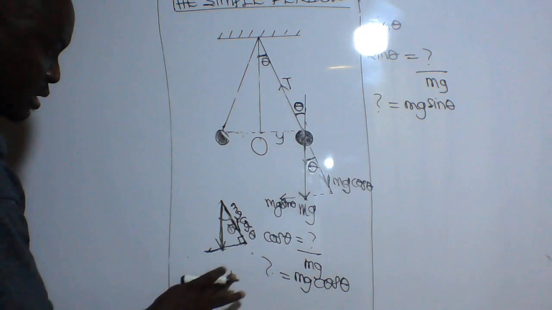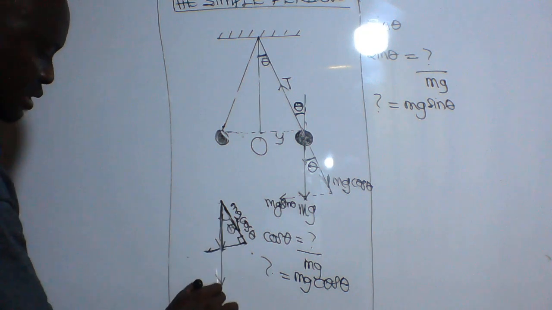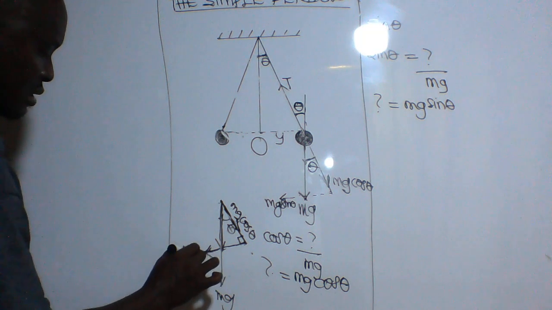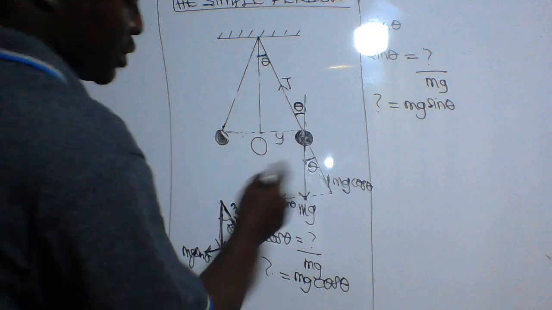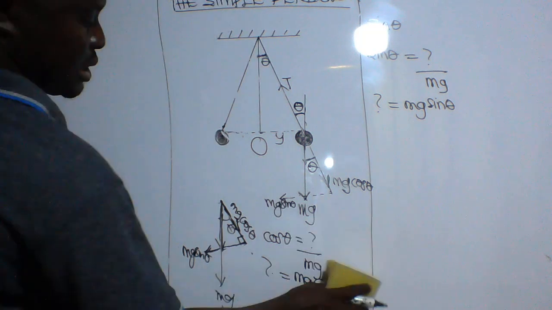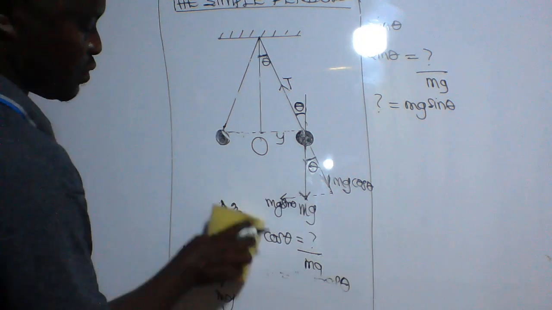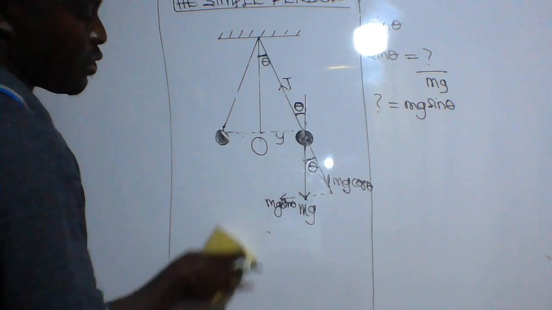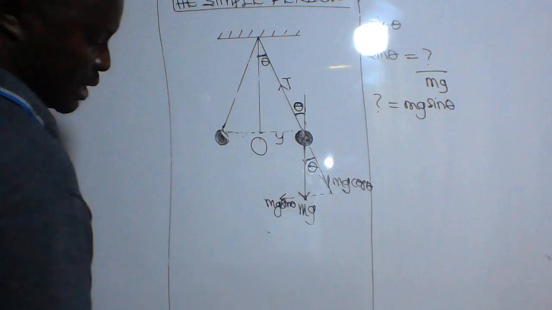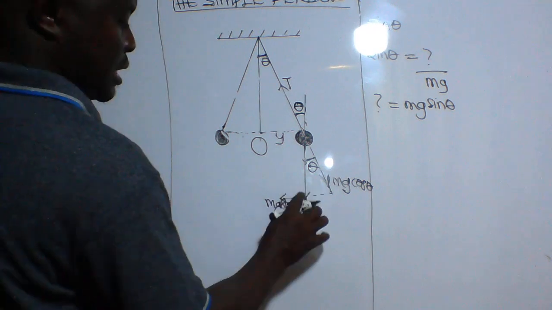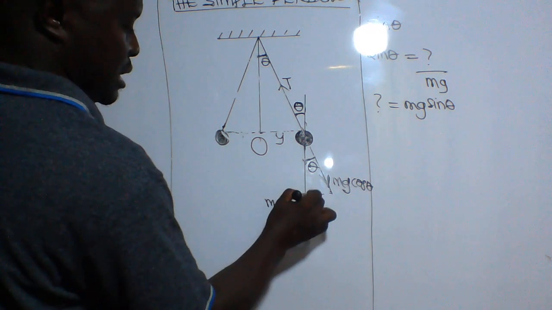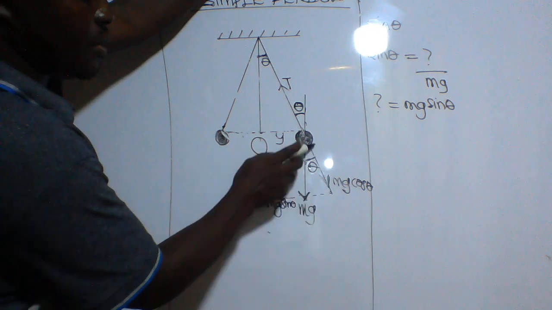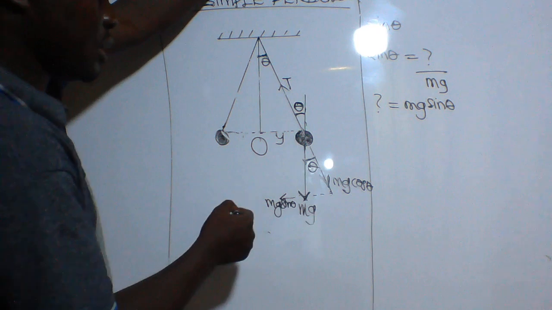This is mg, and this is mg sine theta. So that is how this actually looks. When we resolve a weight vector, we realize that we have the horizontal component as this, and then the vertical component as this.